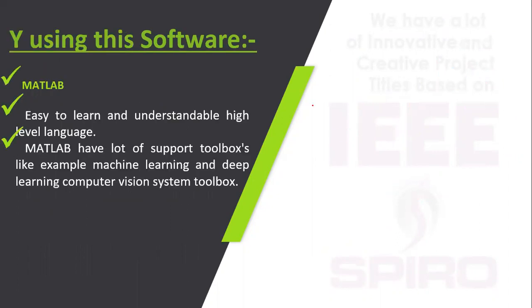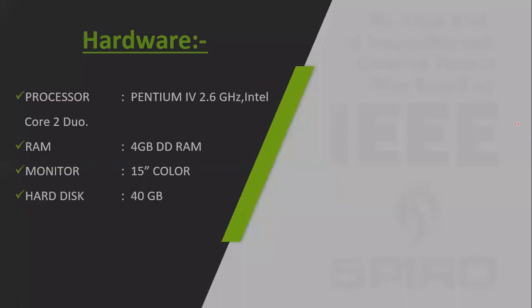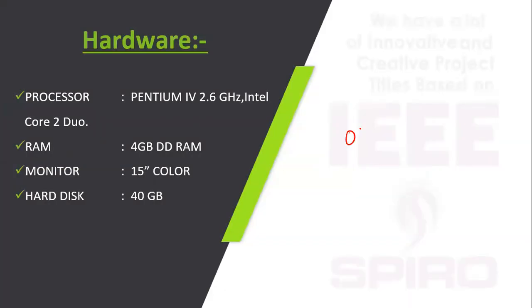We use this software because it is easy to understand and learn. And next are the open free toolboxes. In hardware, a 64-bit operating system is enough to make the project.